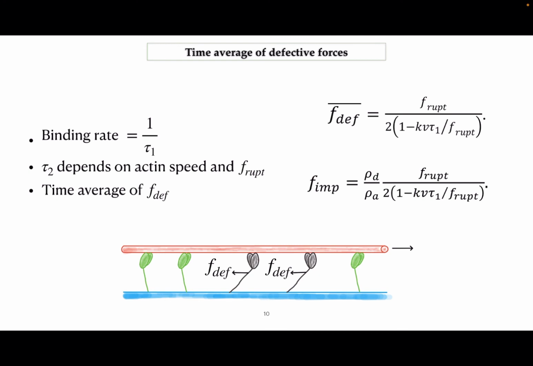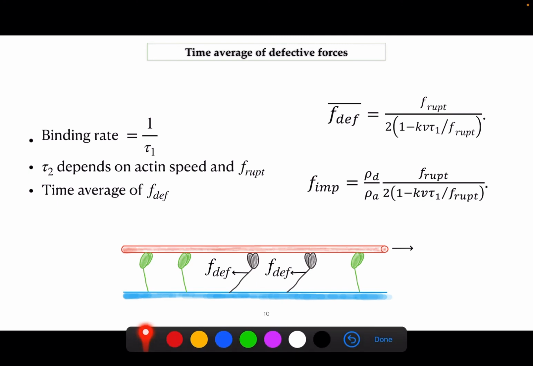The binding rate is expressed as 1 over tau 1, and the duration that the defective myosin binds to the actin filament, which is tau 2, depends on the speed of the actin filament, the rupture force, and the spring constant.